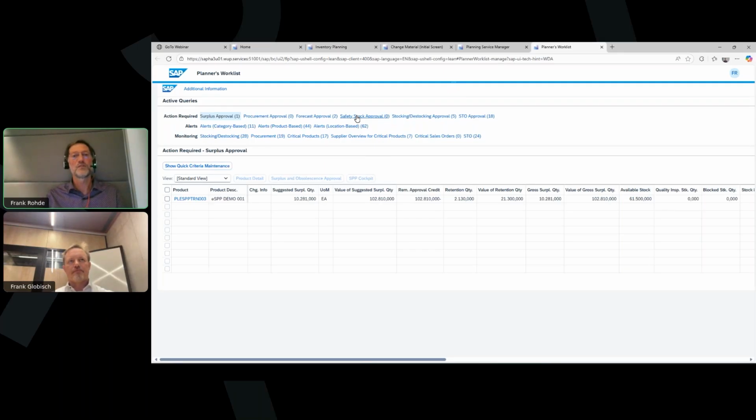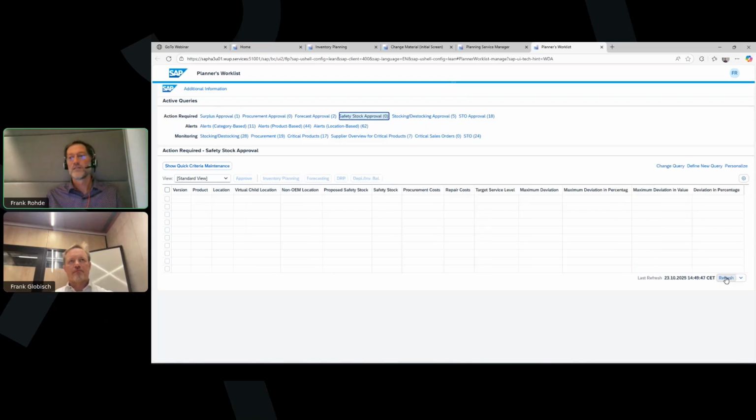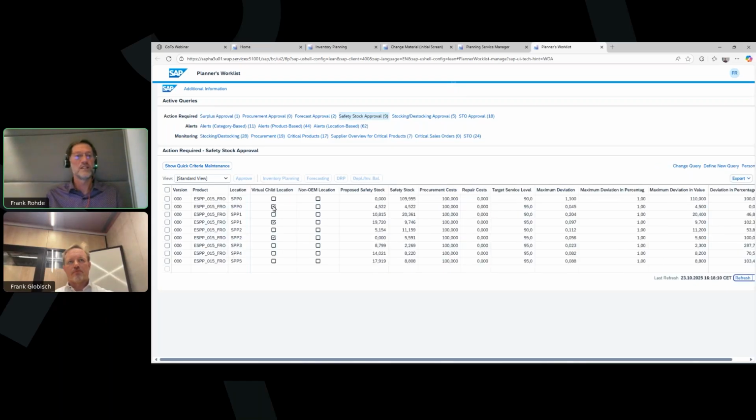So, and if we go to safety stock approvals, we hopefully will see, okay, our product now got consumed by the planning service. And here we have the old safety stock. The planning service was running with manual approval. And here we do see the proposed new safety stock.